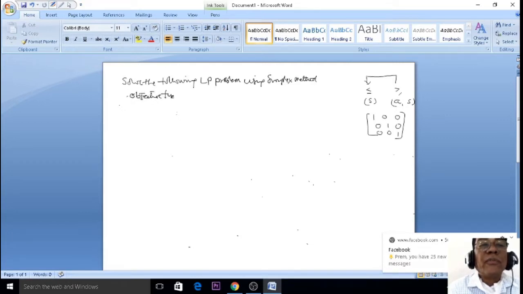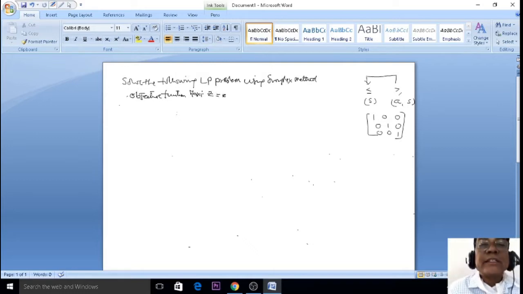Objective function: maximize Z = 10x1 + 15x2 + 20x3.